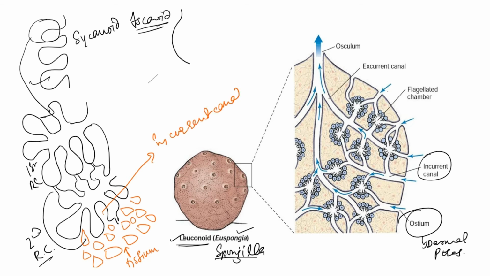What is incurrent canal? It is the infolded, invaginated pinacoderm. Okay, this one is your pinacoderm, so it has been invaginated to meet this incurrent canal. And from the incurrent canal, you are going to see these prosopyle.